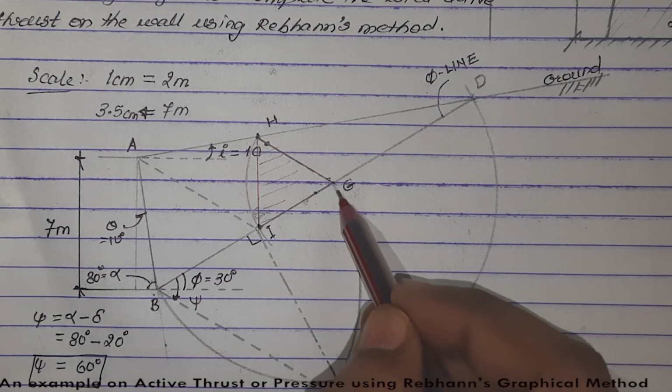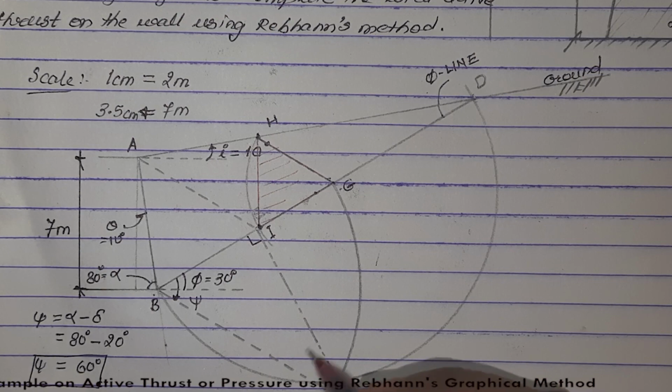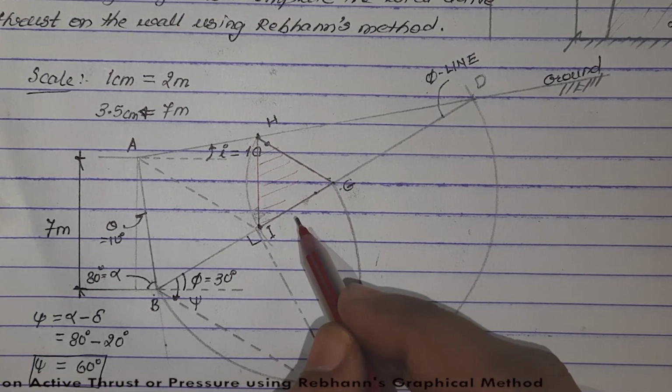So the triangle GHI will help us to find out the total active thrust.